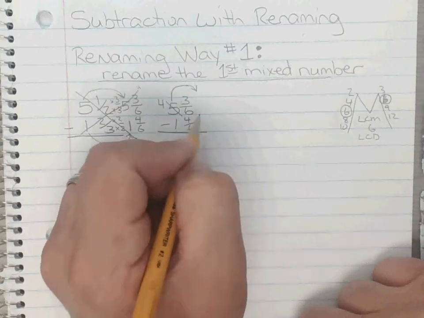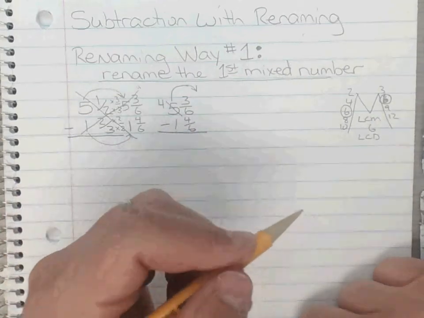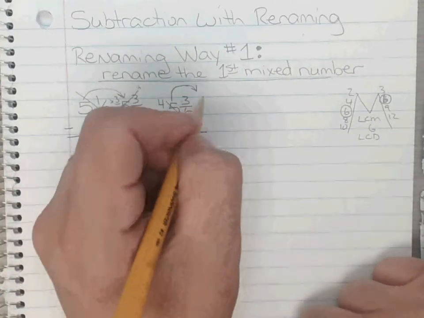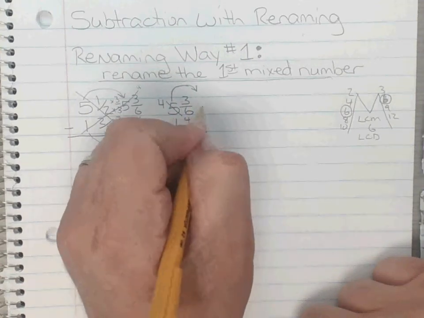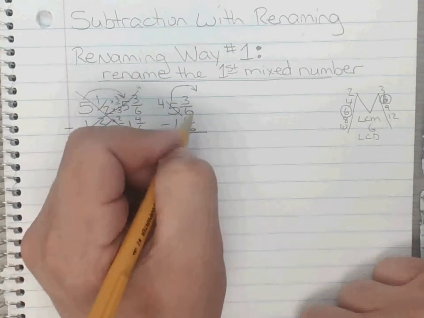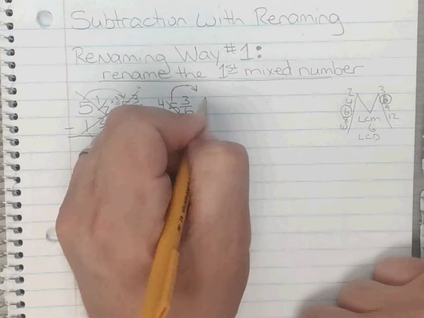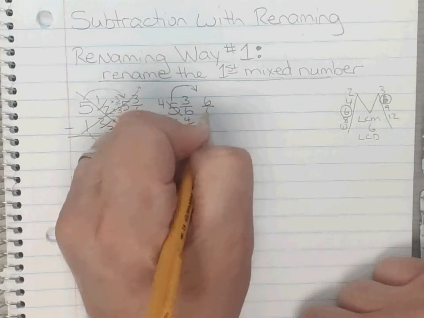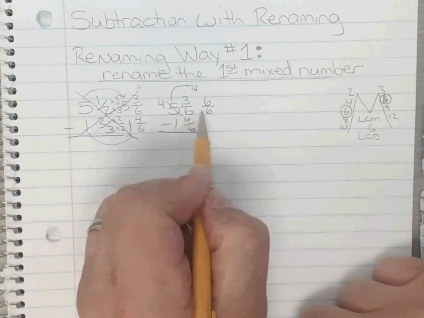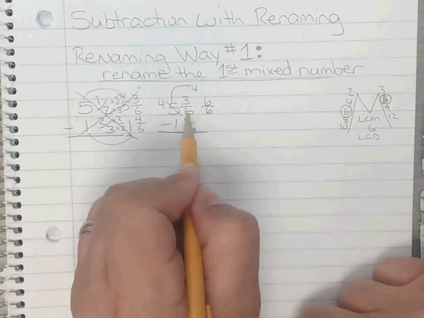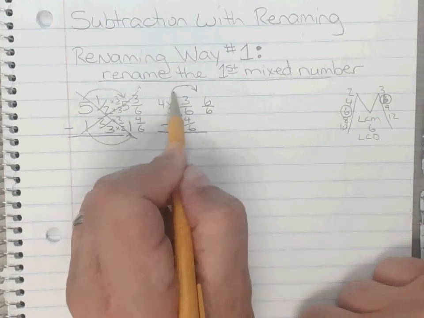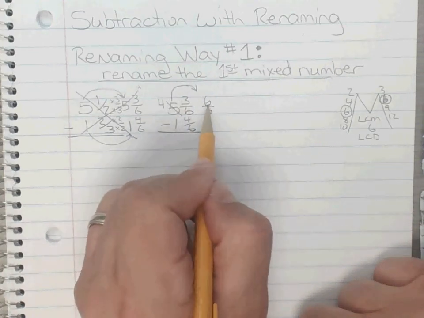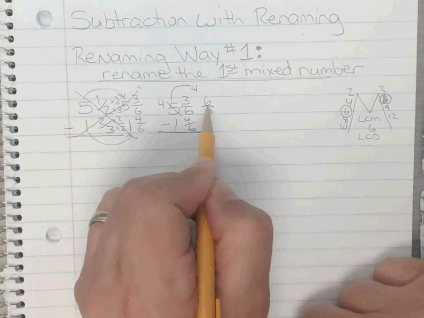I can't just turn it into 1/6 or 2/3 or anything like that. It has to be a 1, like 2/2 or 5/5 or 7/7. But I want it to be 6/6, because I want the denominator to be the same. Now this 1 that I took away is right here, because 6/6 is equal to 1.